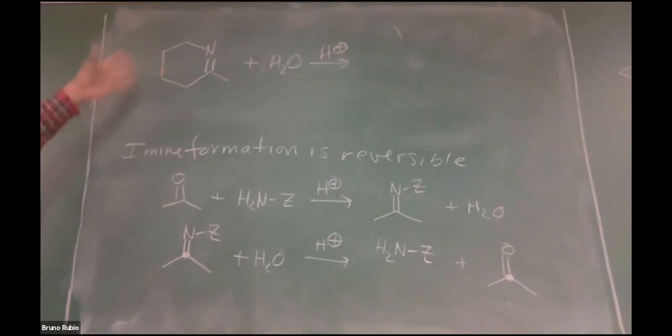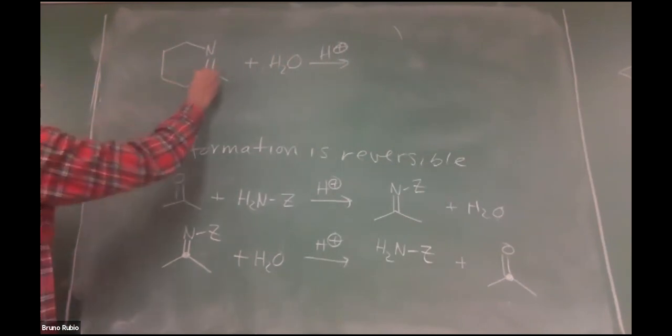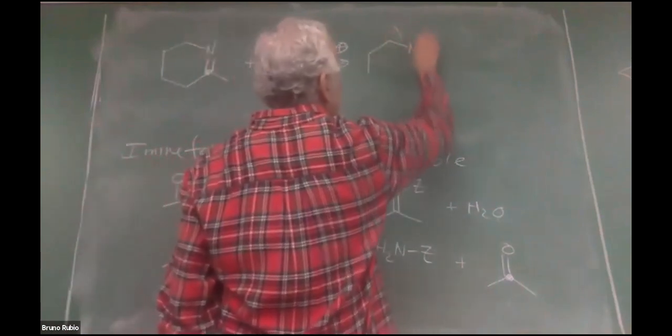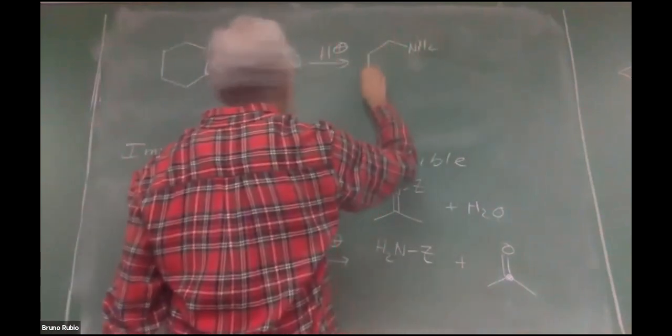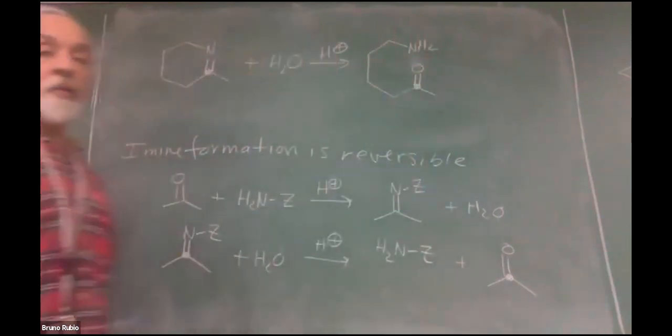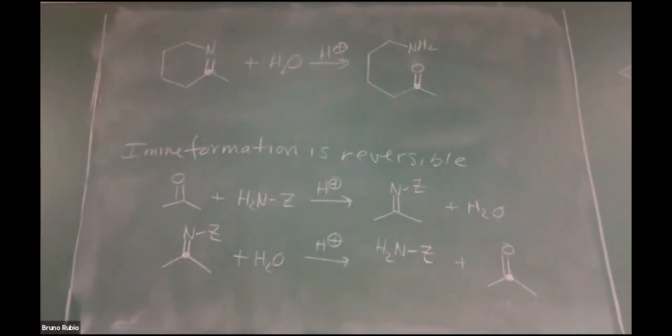So the imine nitrogen reverts to a primary amine nitrogen. And the imine carbon, this one, reverts to a carbonyl carbon. So a hideously ugly drawing, but it makes the point. That would be the structure of the product, where that carbon-nitrogen double bond of the imine has been destroyed and it has gone back to being a primary amine and the carbonyl carbon of an aldehyde or ketone.